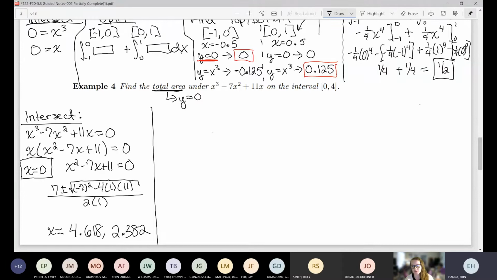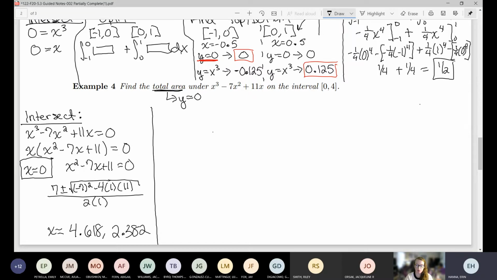The only numbers that multiply to 11 are 1 and 11, and there's no way for me to add or subtract 1 and 11 to get 7. So since I can't factor that, I have to use the quadratic formula. There's no other way to solve it, unless you graphed it in your calculator. But since it's not factorable, we're forced to use the quadratic formula.